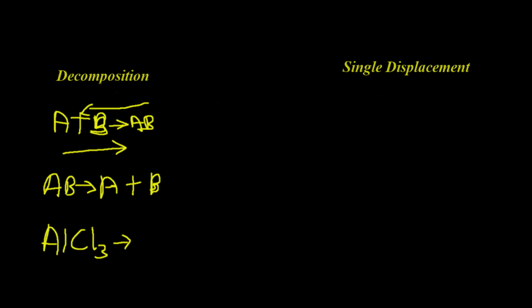So we have Al, and remember chlorine is a diatomic, so we also have to write it as Cl2. And let's balance this very quickly. So we have 2, 3, and then our final one will just be 2.